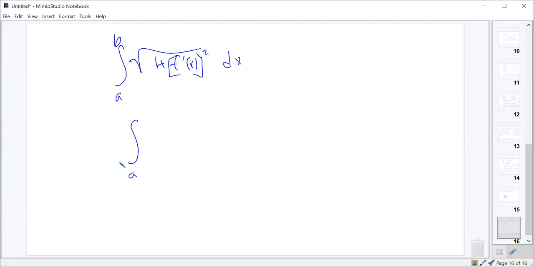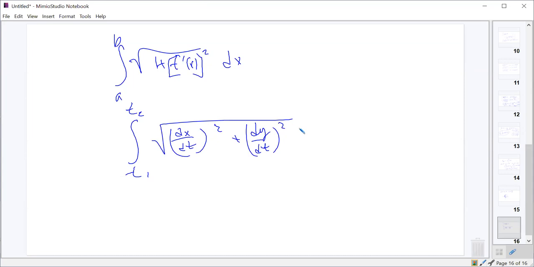If we're doing it for a parametric, it should be an integral from the first t value to the second t value of the square root of dx dt squared plus dy dt squared. And if you were doing it for polar, it's just dx d theta squared and dy d theta squared inside of there, from your first to your second angle. So those should be pretty straightforward.